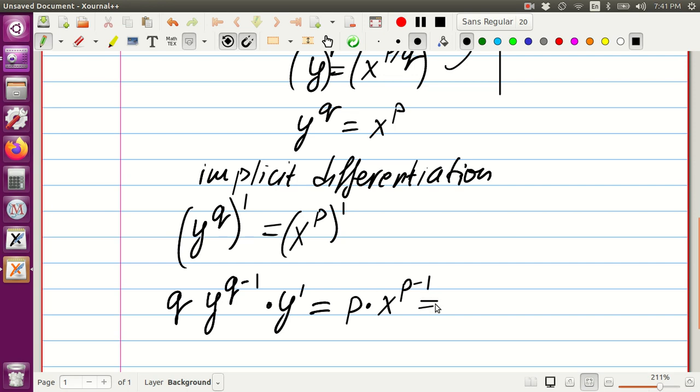So from here we can do the simplification. What we're going to do, we're going to divide both sides by q and y to the q minus 1.